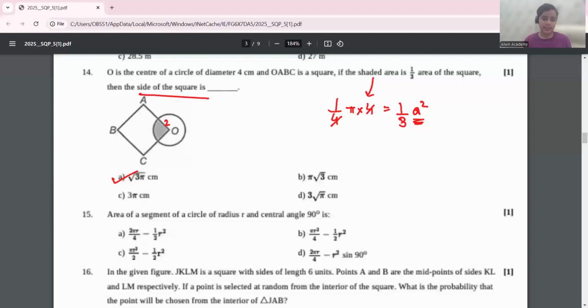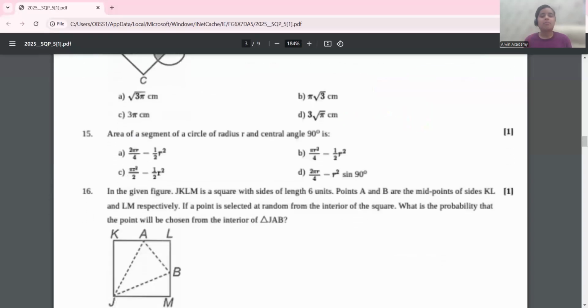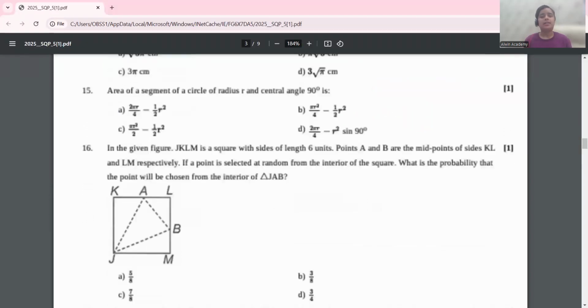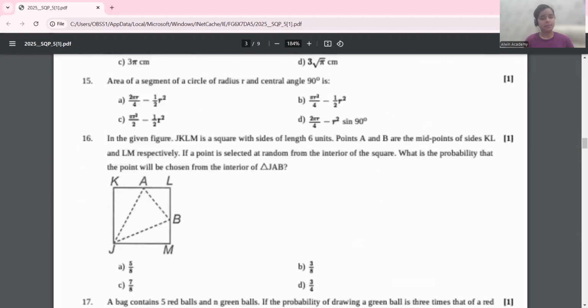Going to the next question, the area of a segment of a circle of radius r and central angle 90 degree is. Now area of a segment is area of sector minus area of triangle. Area of sector in this case would be, this is 90 degree, so theta by 360 into pi r square. When we apply it, we get pi r square by 4. And we have to subtract the area of the triangle.